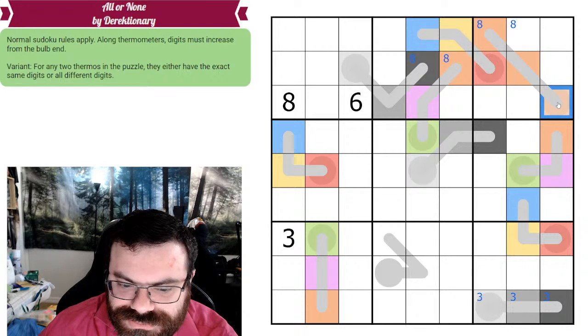Oh, this orange one. What was this orange one again? It's not red. Is it green, purple, orange?